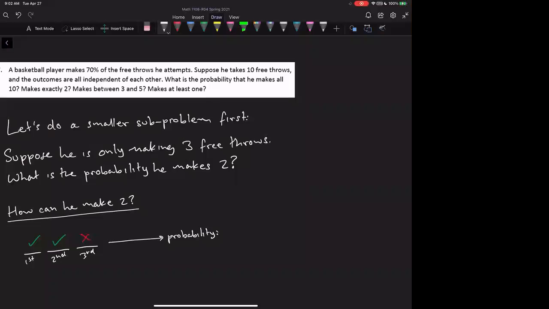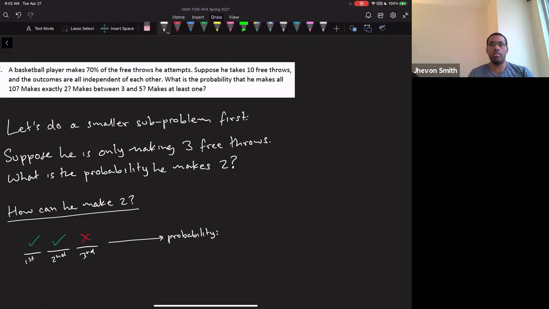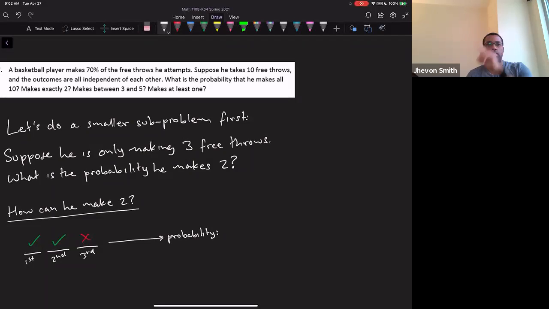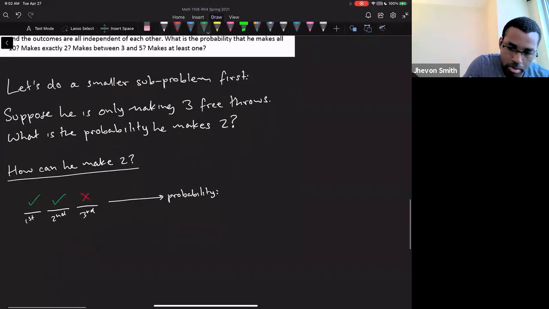49%. Why 49%? Of the green check? To get a green check, how do you get 49? So what I'm saying is the check means he makes the shot.